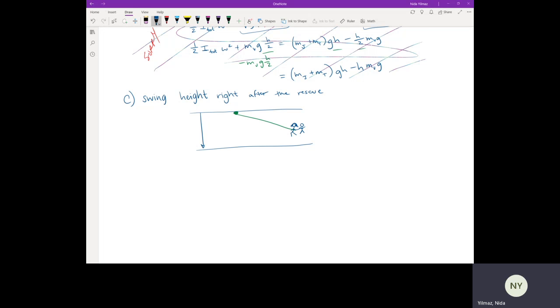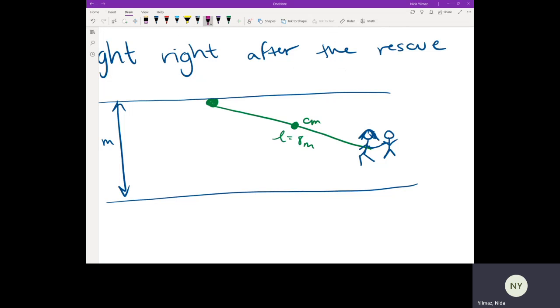We know that this is 8 meters because this vine is a total length of 8 meters. Here's our center of mass. Jane and Tarzan are going to swing up to a specific height, and we're looking for this H.